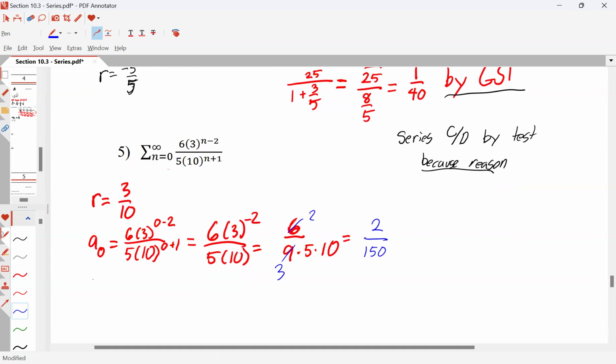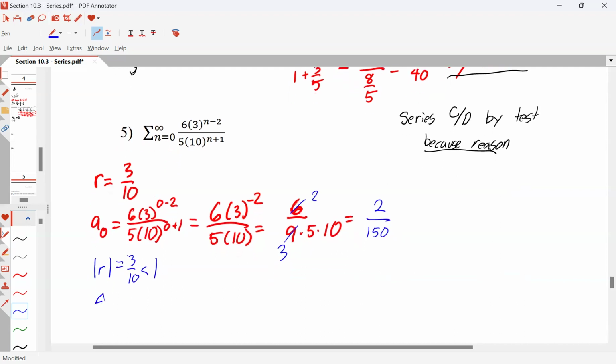Meaning, because the absolute value of R is equal to 3/10, which is less than 1, the series n equals 0 to infinity of 6 times 3 to the n minus 2 over 5 times 10 to the n plus 1 converges. There's our, does it converge or diverge? Why does it converge or diverge? It's by the geometric series test, because we already have that reason stated: R is 3/10, which is less than 1.